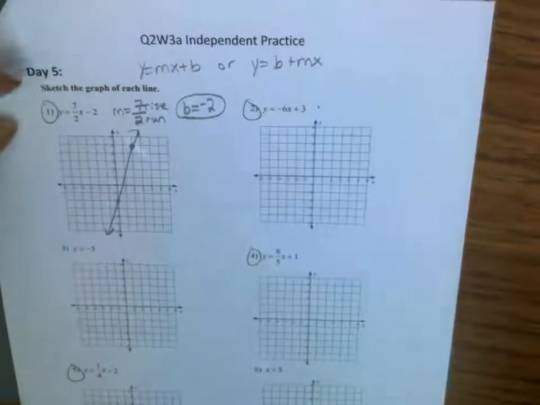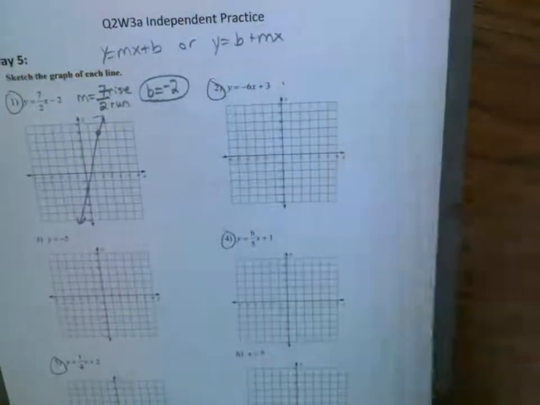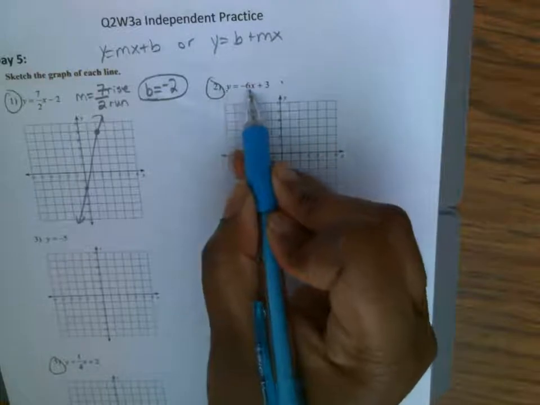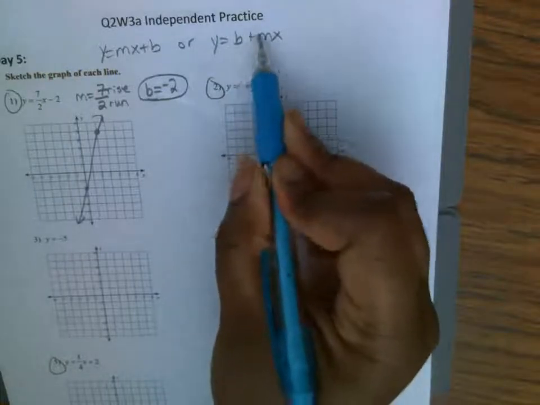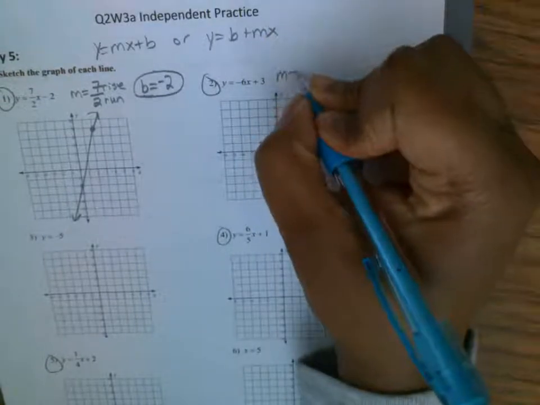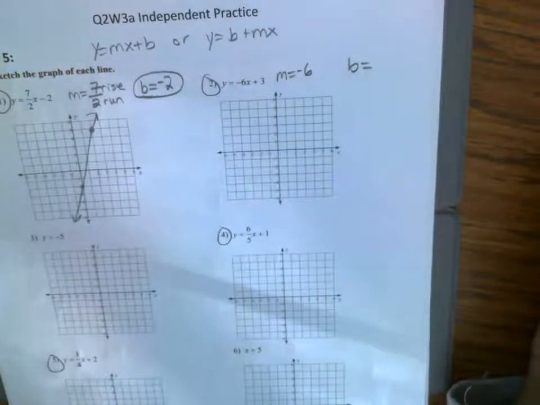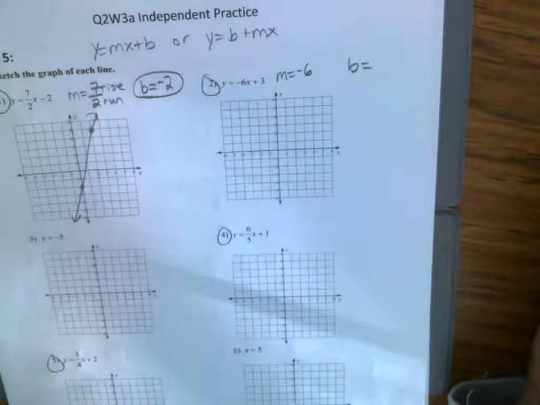I'm going to do number 2. You do 4 and 5 on your own. So here, this is written in y equals mx plus b form or b plus mx form, slope-intercept form. Next step, I'm going to label my m and my b. My m here is negative 6. If I have a whole number as a slope, I need to write it as a fraction so I can have rise over run.